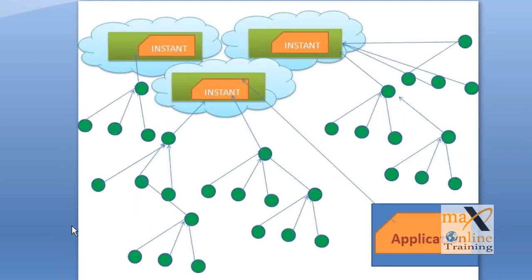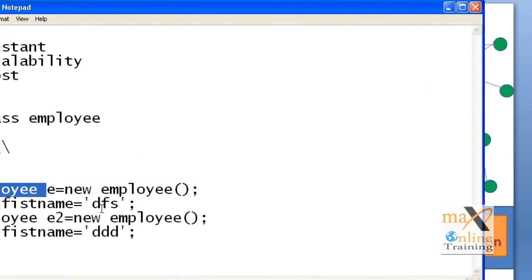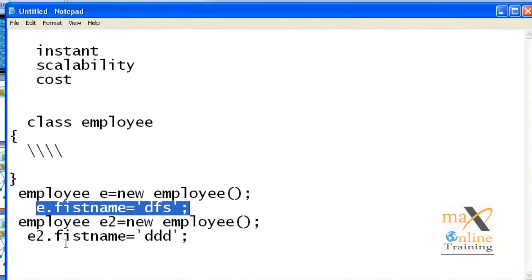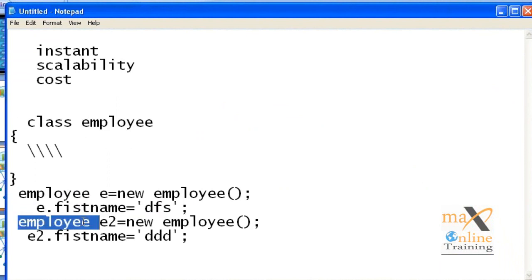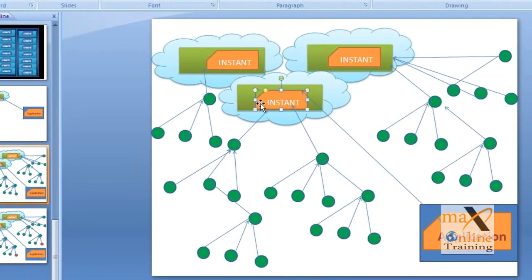Whenever users increase, an instance will be started, as I showed in the example program. Whenever I want to insert one more record, I start one more instance like this. When users decrease, the instance will be stopped.